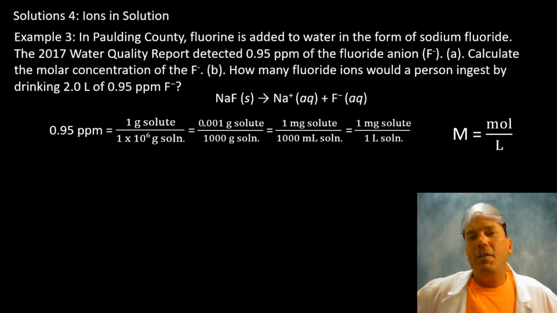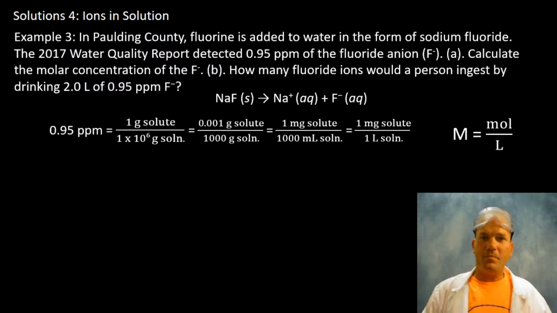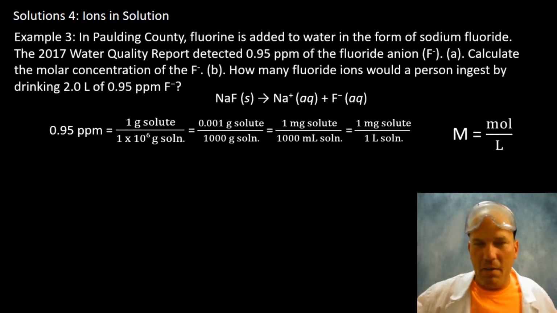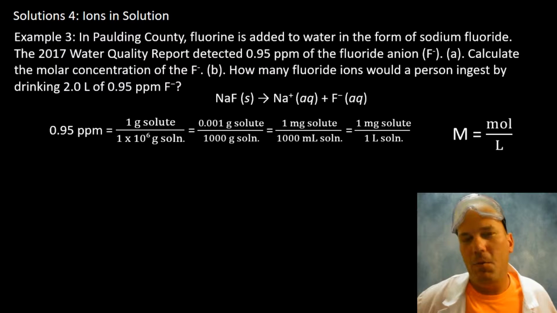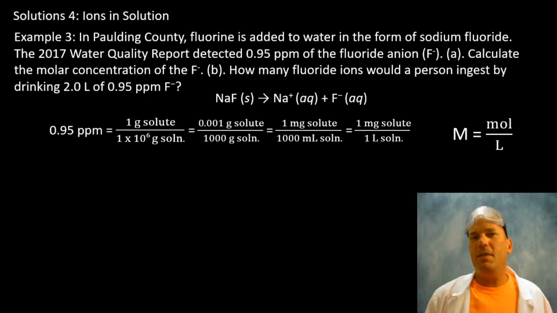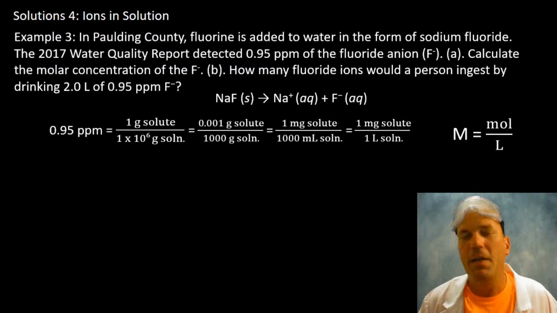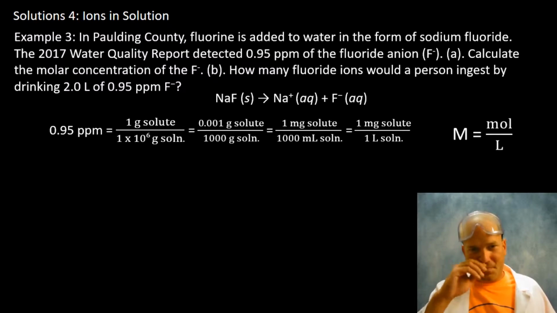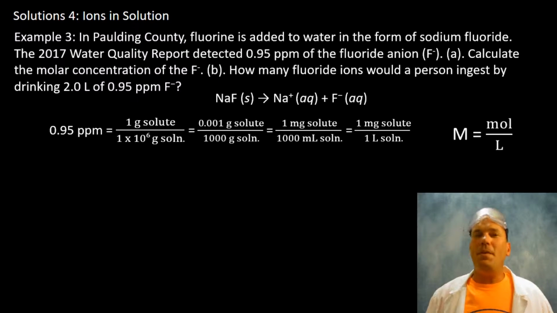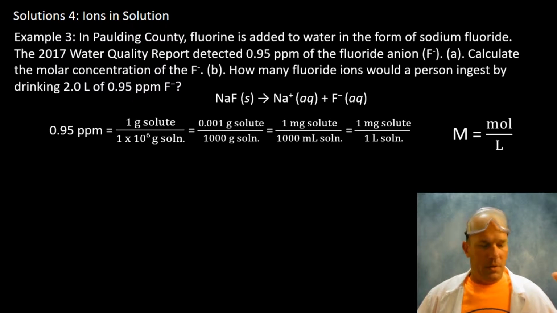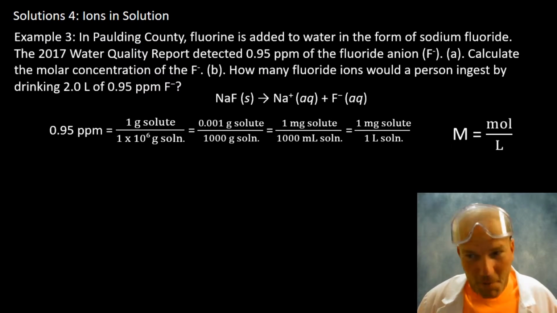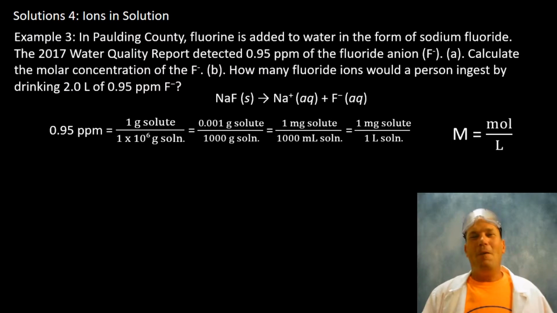Now, 0.001 grams is a milligram. So 1,000th of a gram, that's what a milligram is. And 1,000 grams is equal to 1,000 milliliters of water, assuming the density of 1.00. Now, the final step in this is saying that 1,000 milliliters is equal to 1 liter.